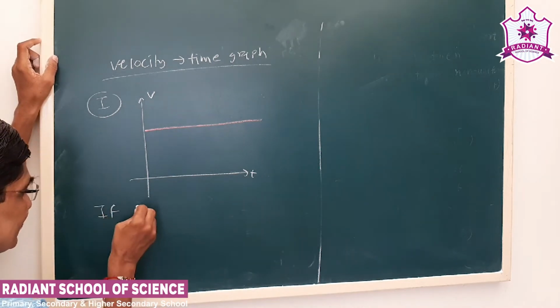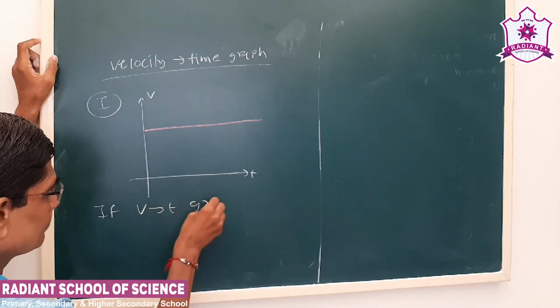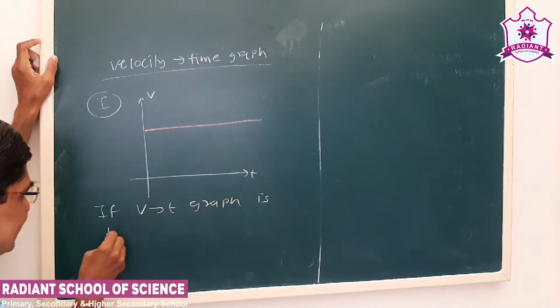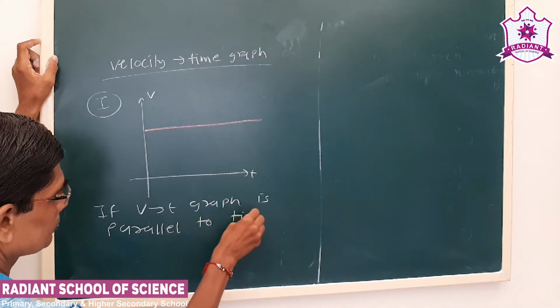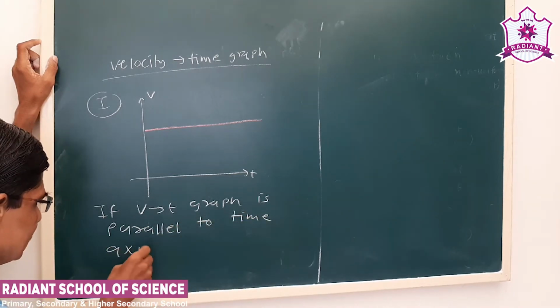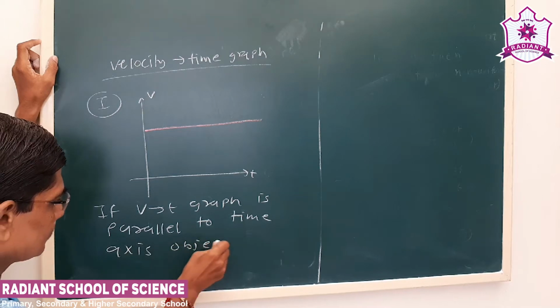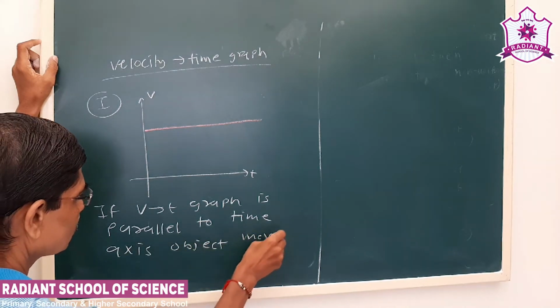If the v versus t graph is parallel to the time axis, the object moves with constant velocity.